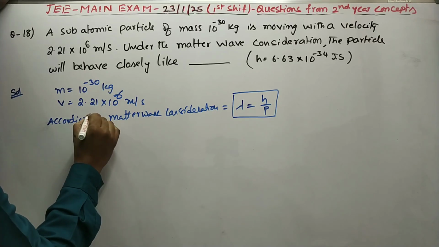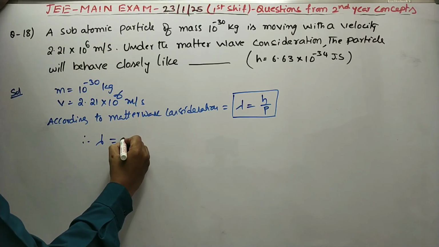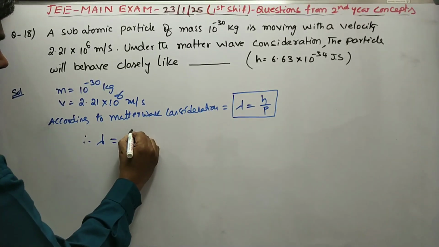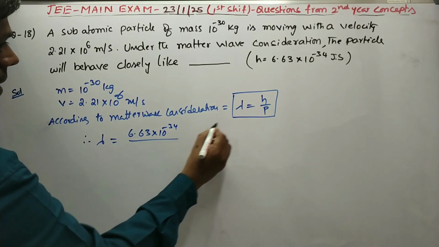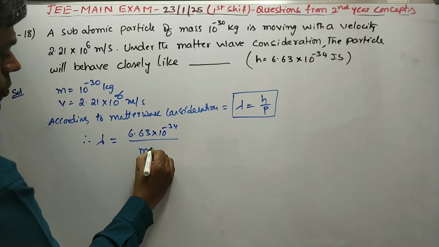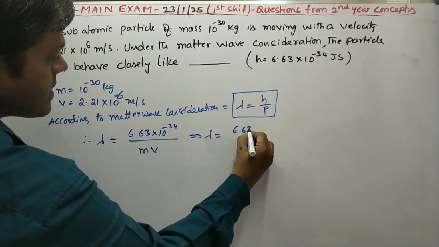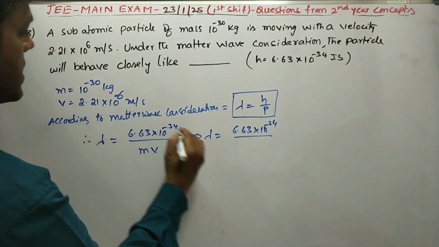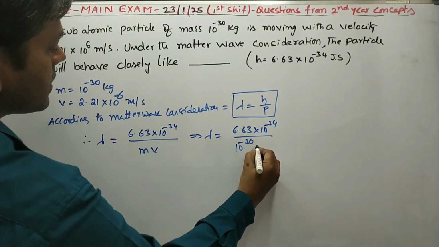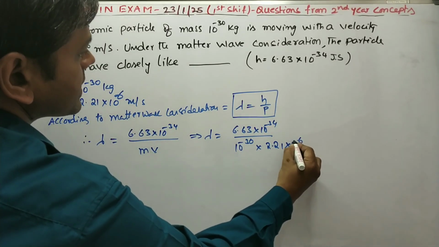Therefore, what is the wavelength of this subatomic particle associated with the wave? h is Planck's constant 6.63 into 10 power minus 34 by p. p is equal to what? Mass into velocity. That implies lambda is equal to 6.63 into 10 power minus 34 by mass 10 power minus 30 into speed 2.21 into 10 power 6.